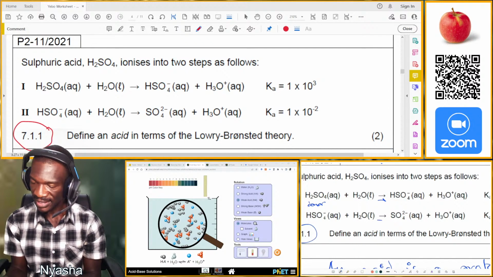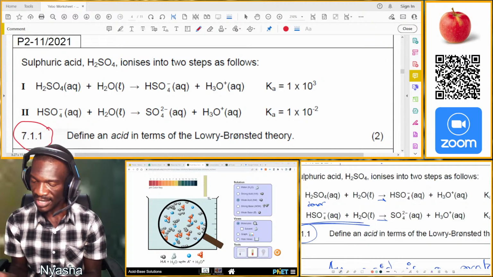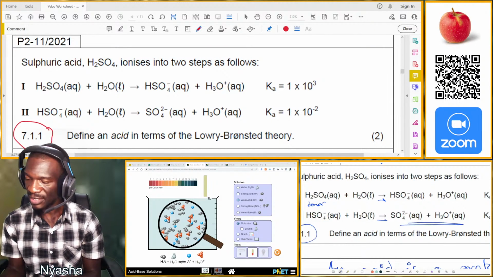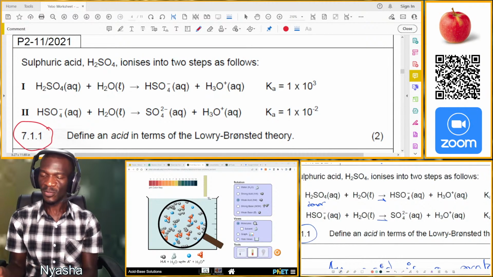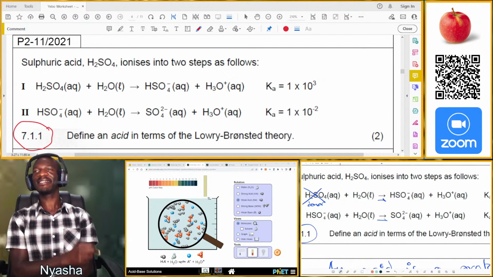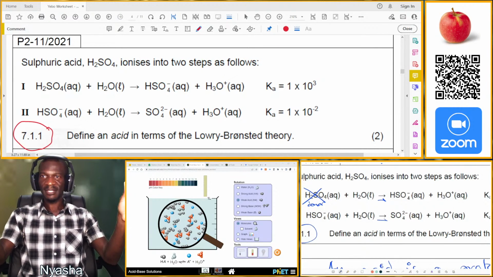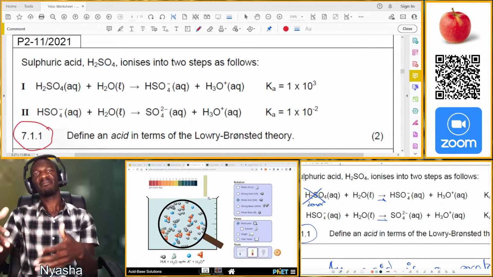In the forward direction, we do not have any H2SO4. So it is obvious that the H2SO4 species is out. This does not qualify to be an ampholyte. Why? Because it is only participating in one of the chemical reactions that we have been given.